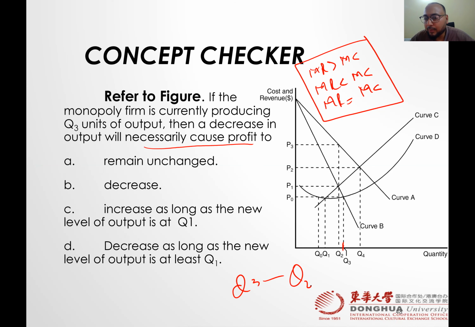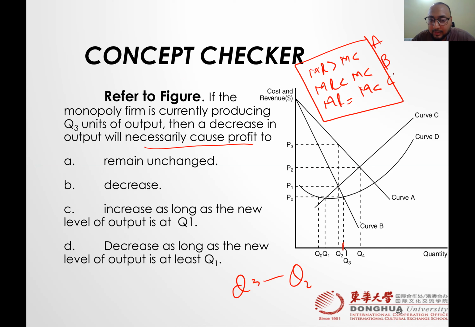So by moving from Q3 to Q2, what will happen? Will the profit be increased or decreased? What is Q2? Okay, let me write it down. This is condition A, condition B. If we move from Q3 to Q2, which condition is fulfilled? A, B, or C? C. So what will happen?